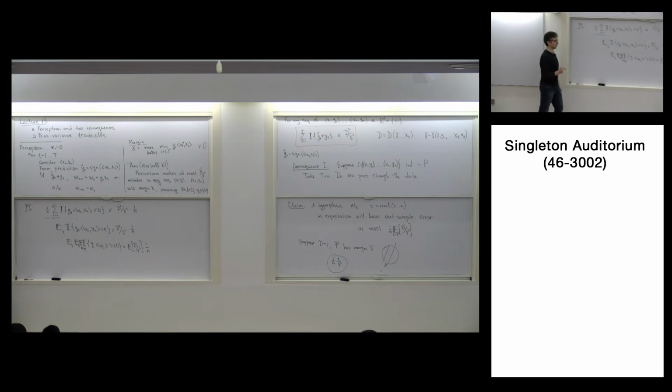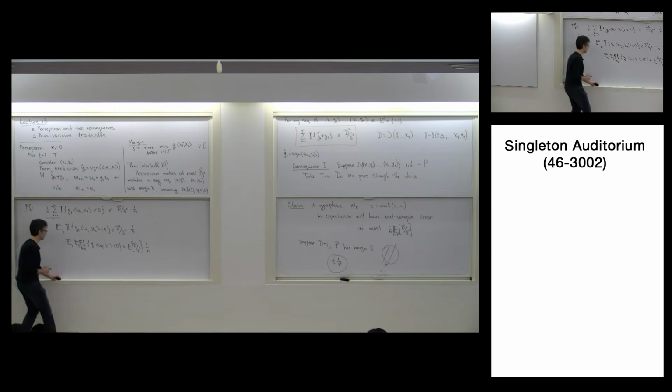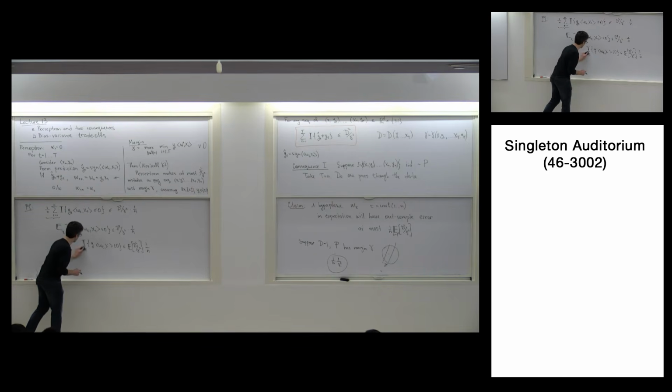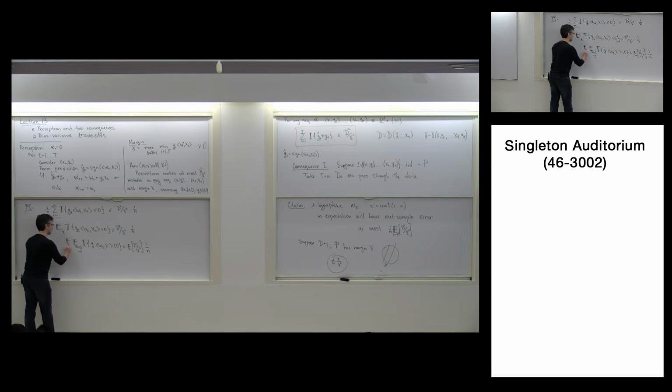If you're not comfortable with probability, this seems like magic, but it takes just a few minutes to write it down carefully. So let me at least write this: expectation over the x, y pair from the same distribution P, and then expectation over the data set S, expectation over tau.